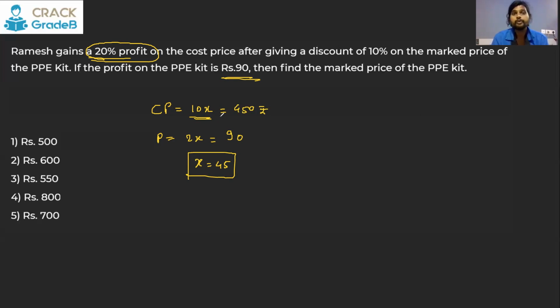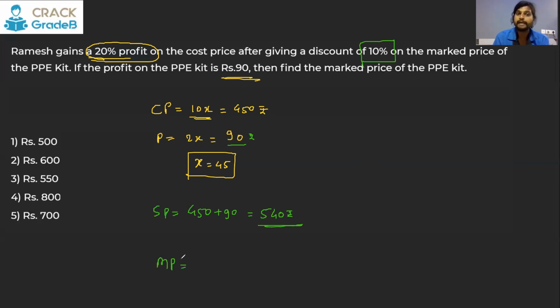They are saying you are making a profit of 90 rupees. That means the selling price is going to be 450 plus 90. Selling price is what? Cost price plus profit. That makes it 540 rupees. Now this selling price you arrive at when you give a discount of 10% on the mark price.